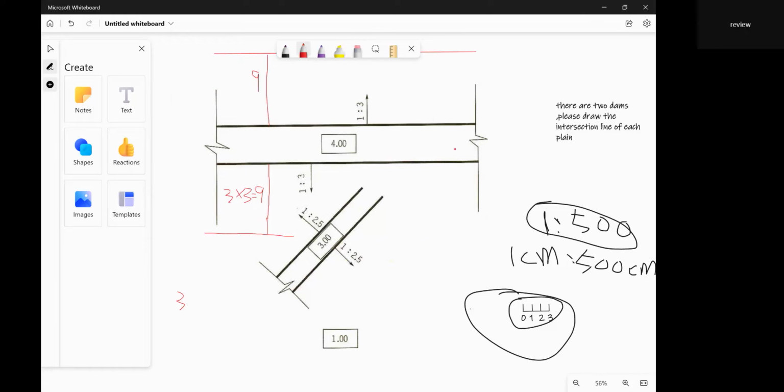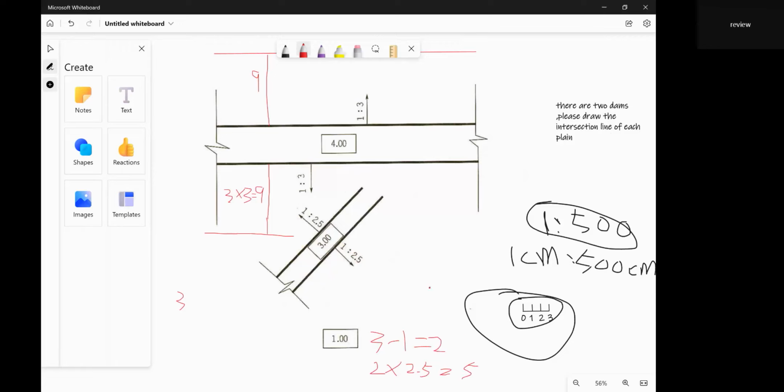Okay. And for this one, the slope is 1 to 2.5, and the difference is 2: 3 minus 1 is 2, and 2 multiplied by 2.5 is 5.